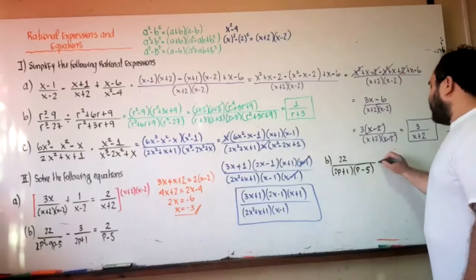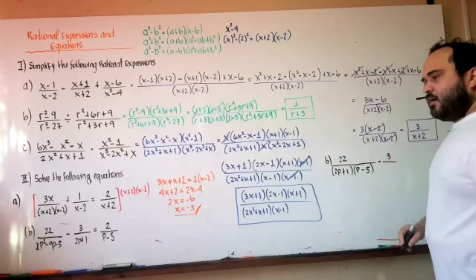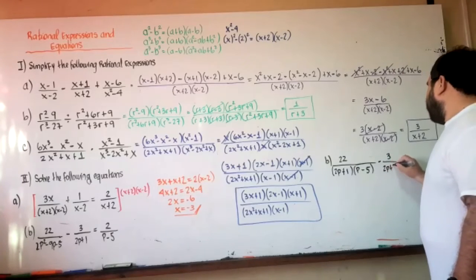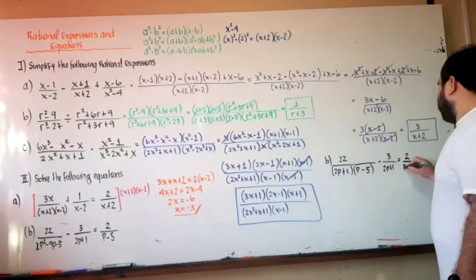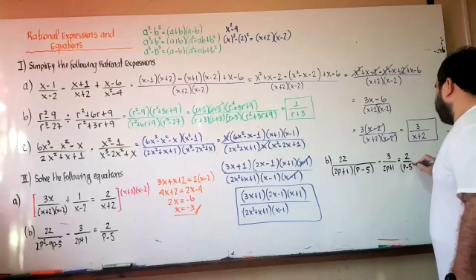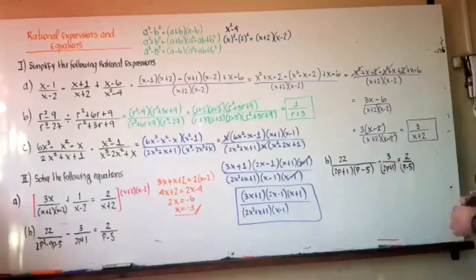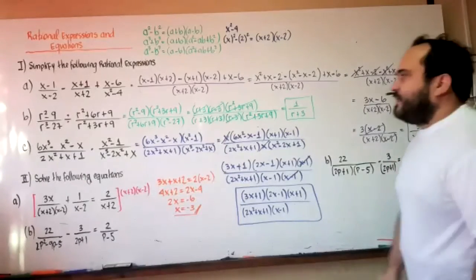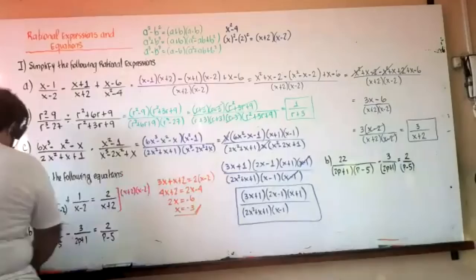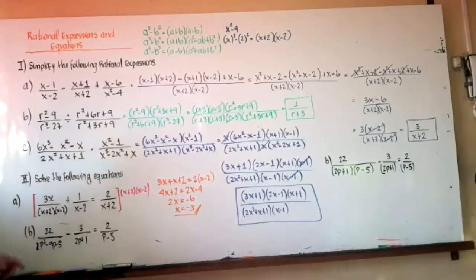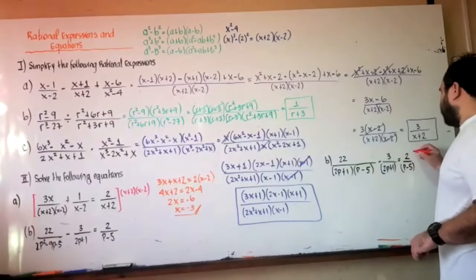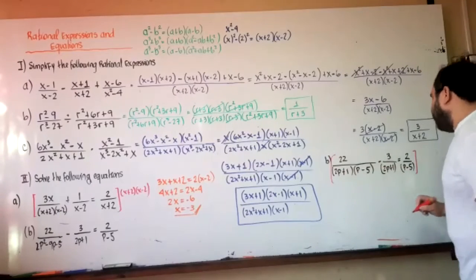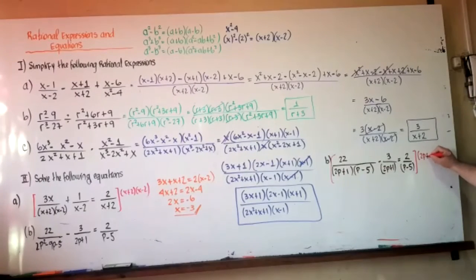We can copy negative 3 over 2p plus 1 equals 2 over p minus 5. So what are you going to do? If you wish, we can repeat the same step that we made in the last problem, I mean, multiplying both sides by the same least common denominator, 2p plus 1 by p minus 5.